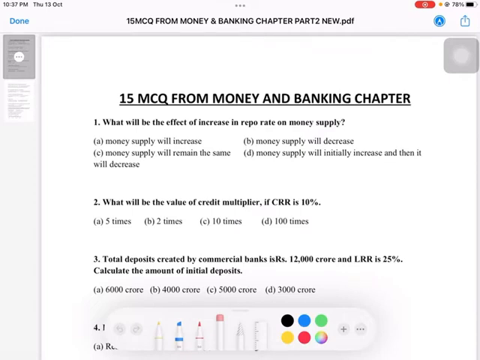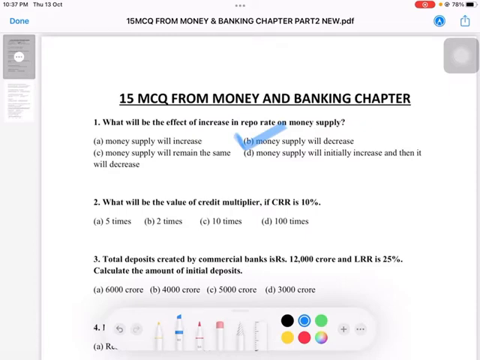It is short-term loan. When repo rate increases, the market rate of interest will rise. So, it will reduce money supply in the country. So, the right answer will be money supply will decrease.